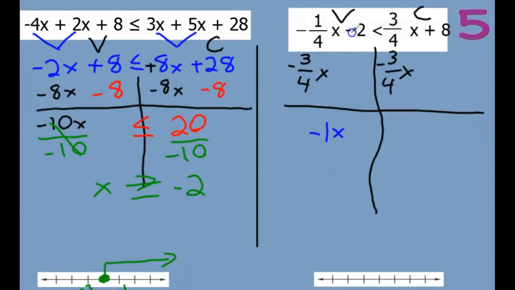What we do now is we add 2 to this side, and add 2 over here. So those 2's will cancel out. 8 plus 2 is 10. Our sign is less than.